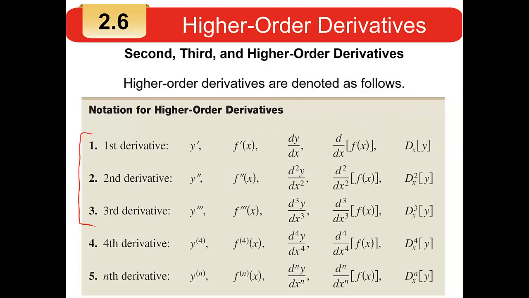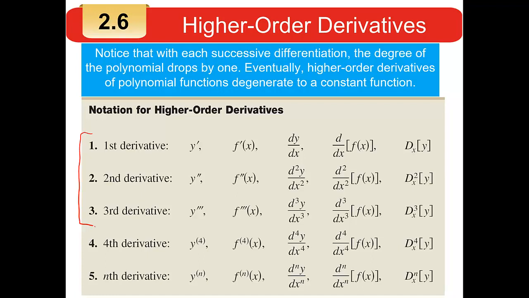Simple idea. Higher order derivatives just come from taking derivatives of derivatives, and you can go as far as you like as long as the derivative function you're dealing with remains differentiable. With polynomials, you don't always take derivatives of polynomials, but if you are dealing with polynomials, you'll notice that the degree of the derivative goes down by 1 each time.